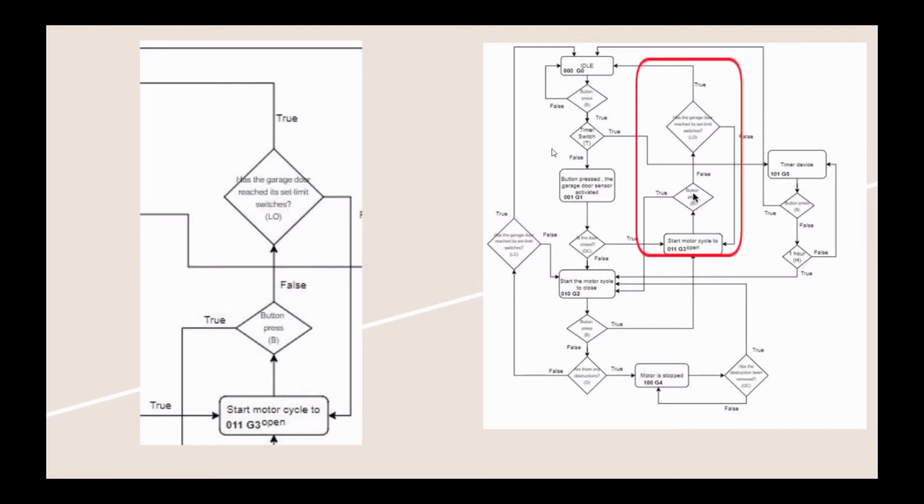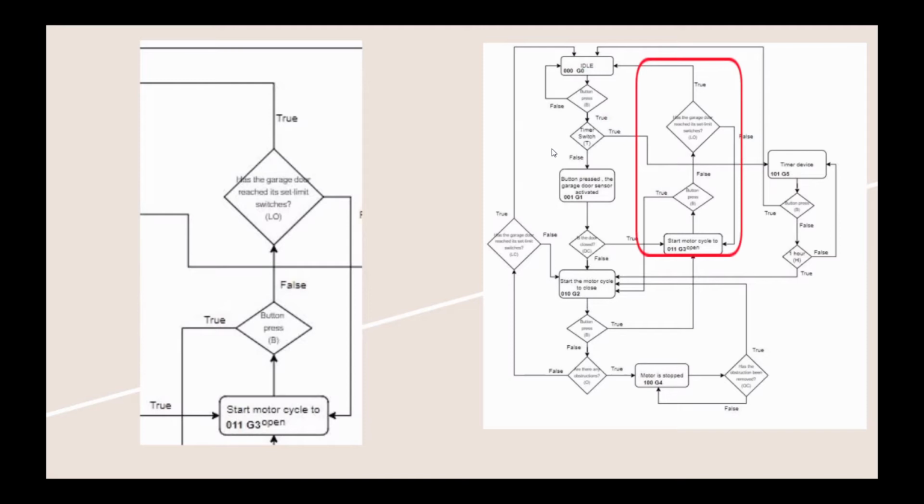Then we go to our next conditional statement, which asks, has the garage door reached its set limit switches? With the motors, there's a thing called limit switches that can be set by the manufacturer, or it can actually be set by the user.